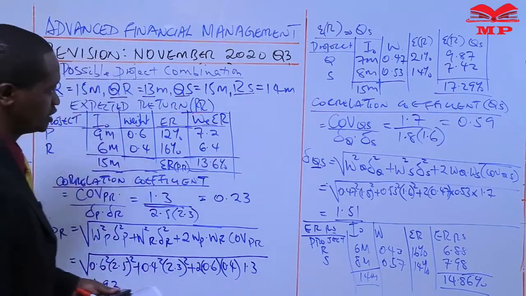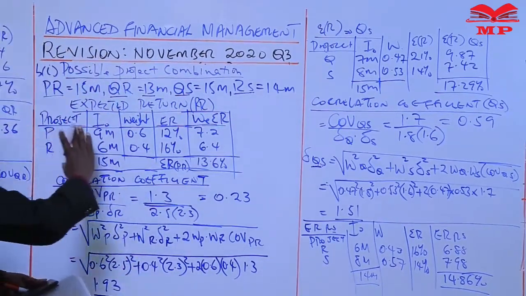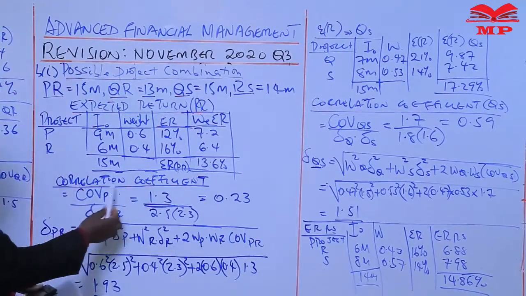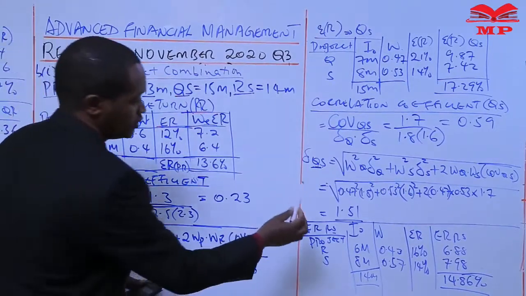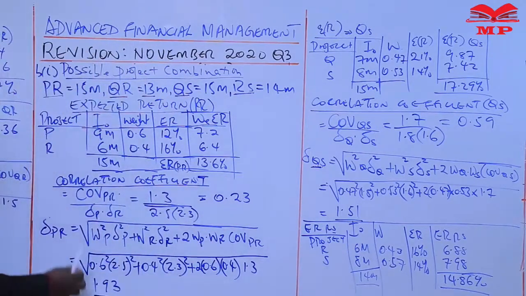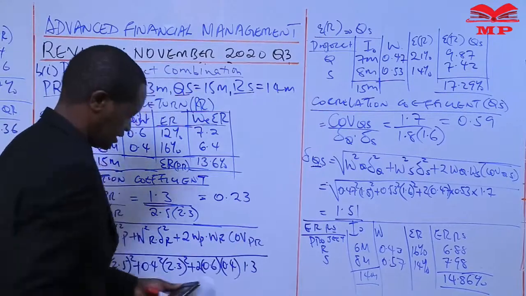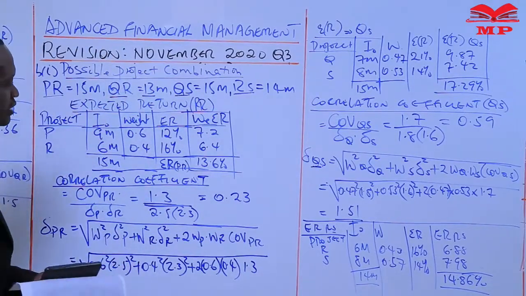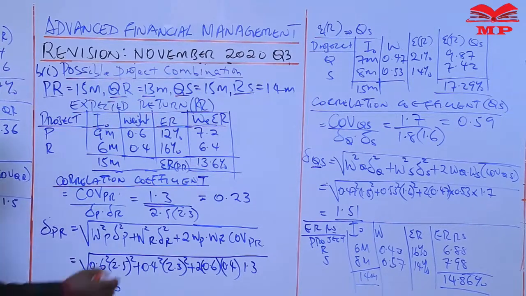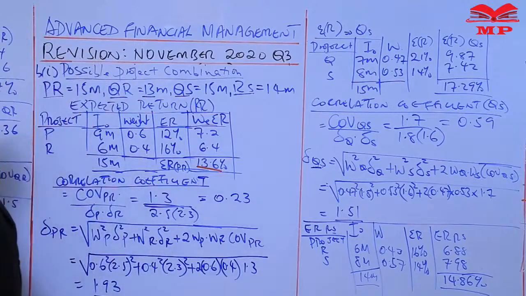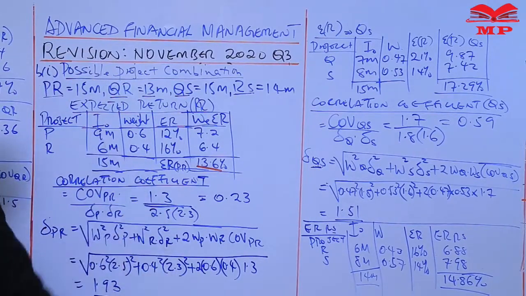Now, candidates, I'm going to rub here so that I can compute the correlation coefficient for the portfolio RS. Then I also compute the standard deviation for RS. But before I rub, candidates, I will need to have this somewhere. This is the expected return of the first combination.